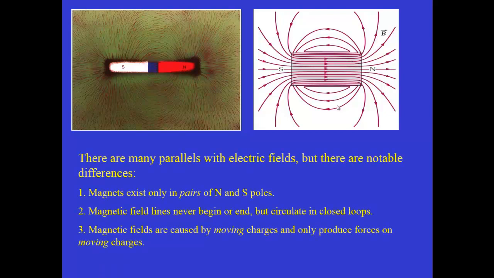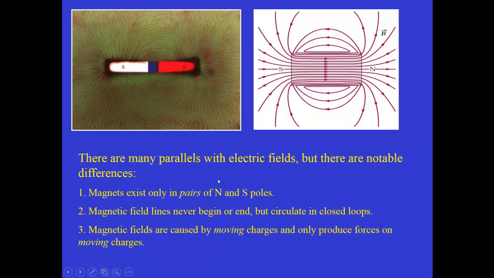So, a couple of other differences. Magnets only exist in pairs of north and south poles. If you take a bar magnet and cut it in half, each piece acquires a new pole, and you end up with a pair of north and south poles, rather than separate north and south poles.